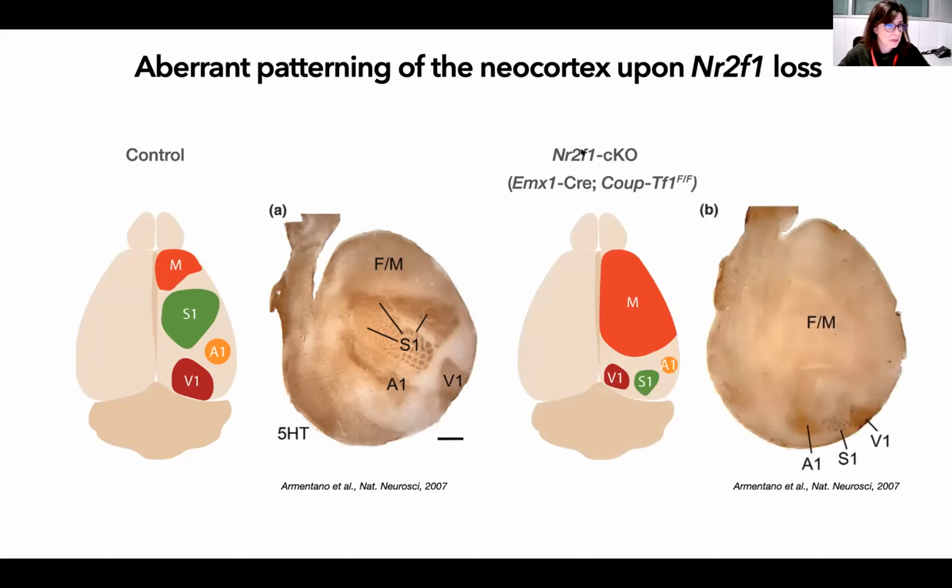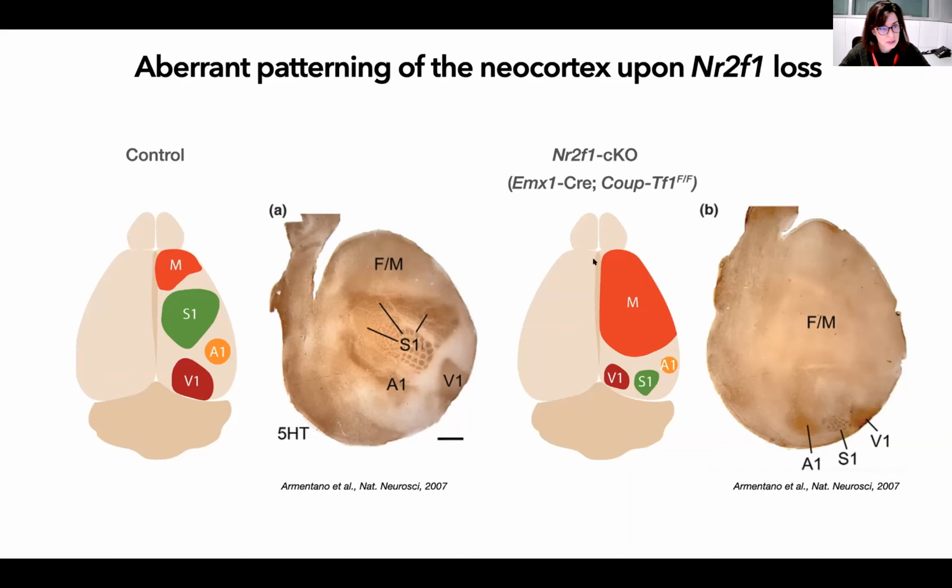In the absence of NR2F1, only in the telencephalon, again intrinsic to the neocortex, what we get is an expansion of the motor region at the molecular and anatomical level. We assessed that the molecular markers of motor cortex are all over the place where the somatosensory cortex should be.